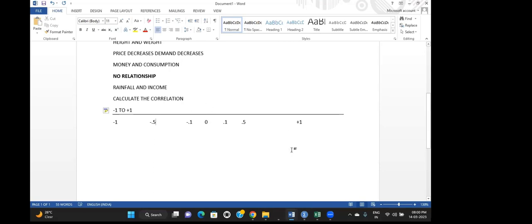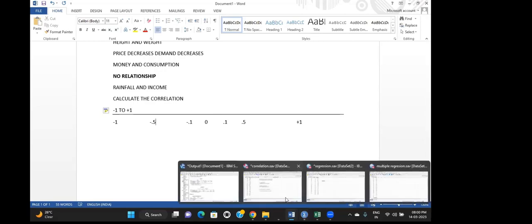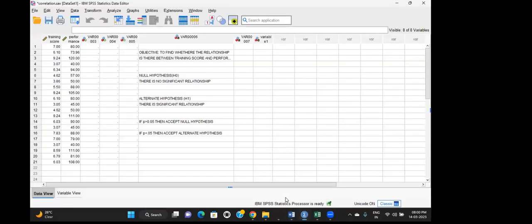So let's do the practical. Let's say there is a training score. If a person has been given a training and this is the score that he has obtained, this is one example.